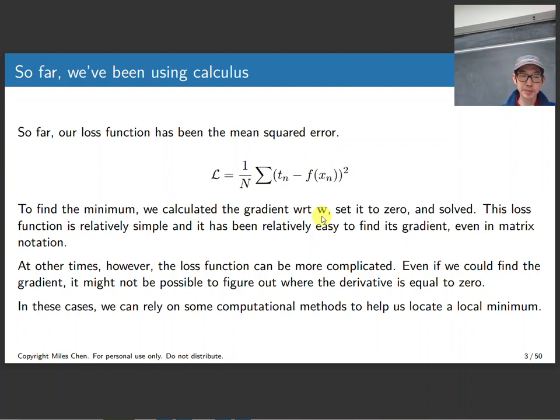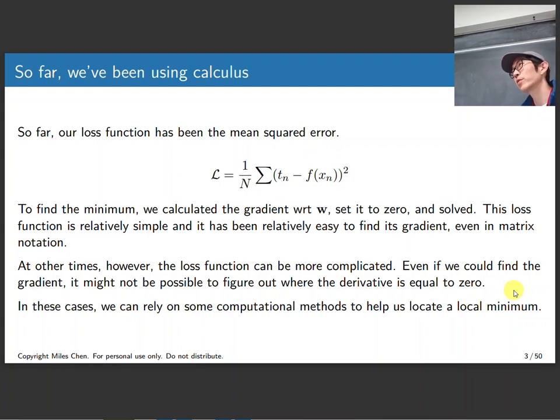There could be times where the loss function we want to minimize is even more complicated. Even if you could find the gradient, it might not be possible to set it equal to 0 and solve. Especially with matrix notation, there's no division for matrices.